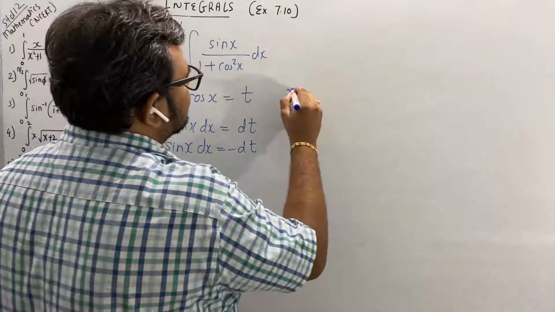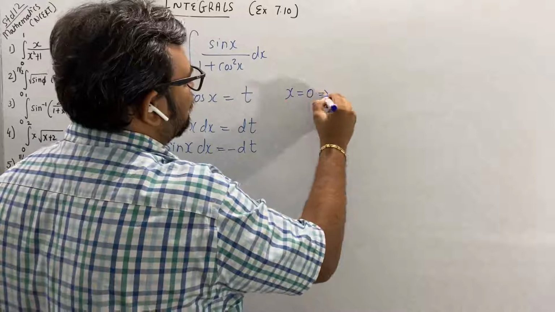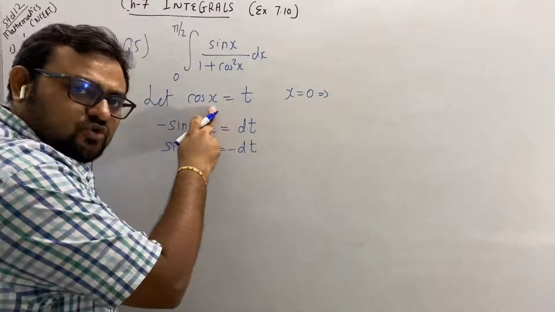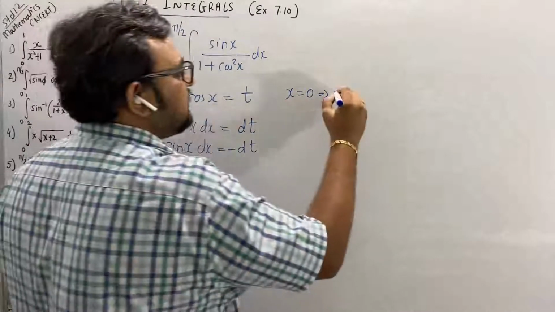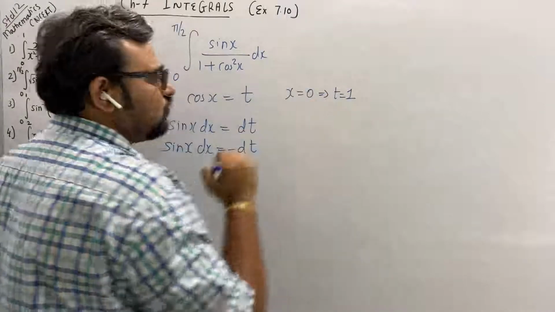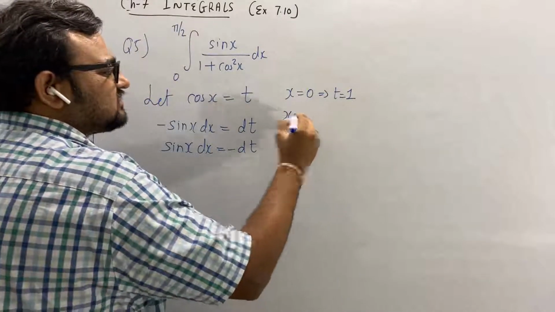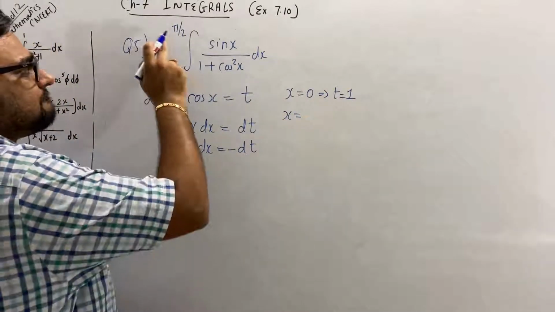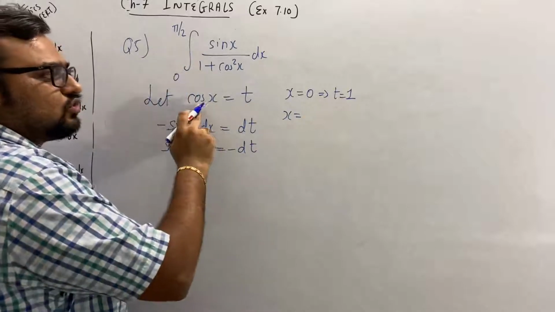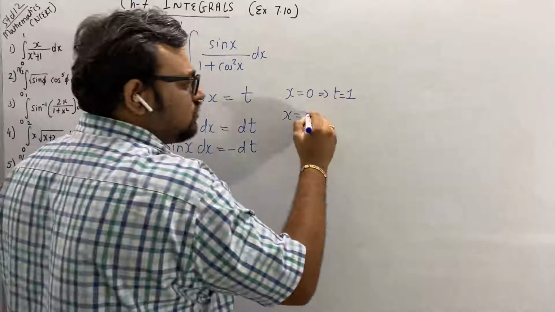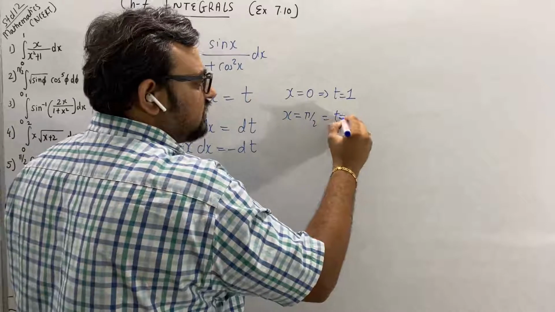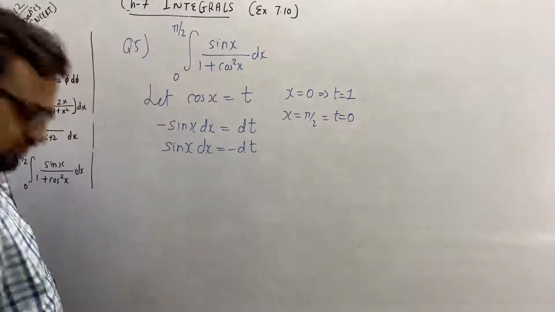So when x is equal to 0, what is cos 0? 1. So t is equal to 1. When x is equal to pi by 2, cos pi by 2 is 0, t equal to 0.